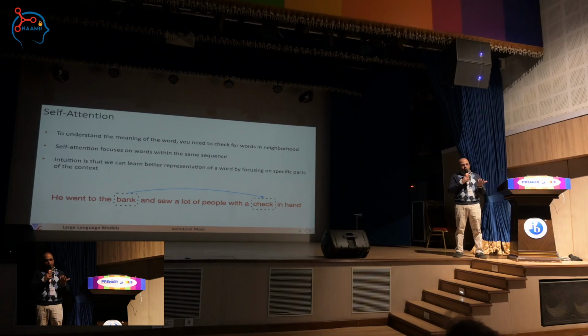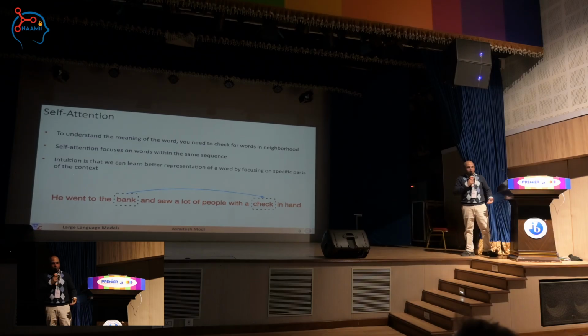In this case, the query would be a word. I'm going to ping each of the keys and find out how similar that key is to the query I'm posing. The keys which are similar to me are likely to give more information about me. That key and query combination will help me get a sense of what I'm about. That's also what happens in transformer models.